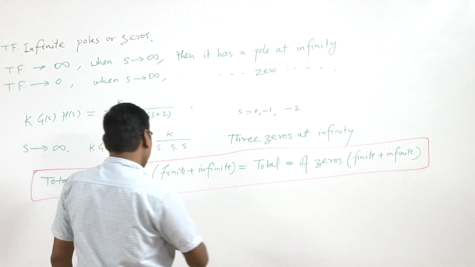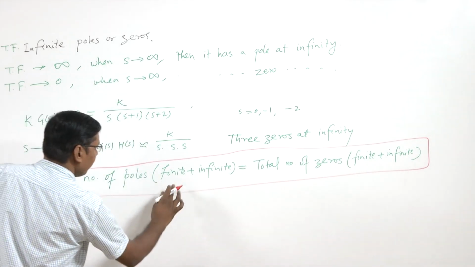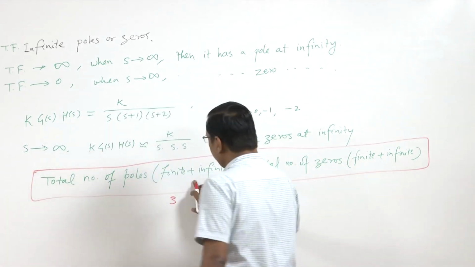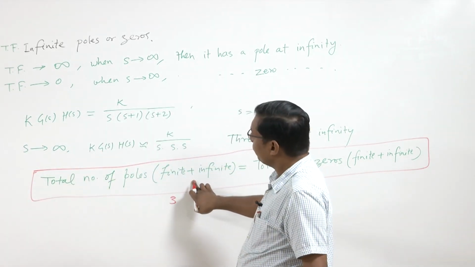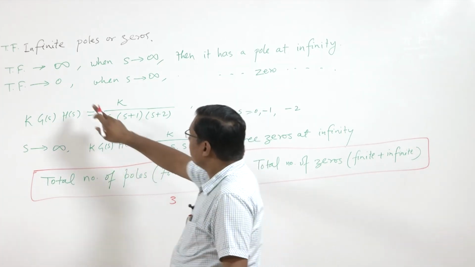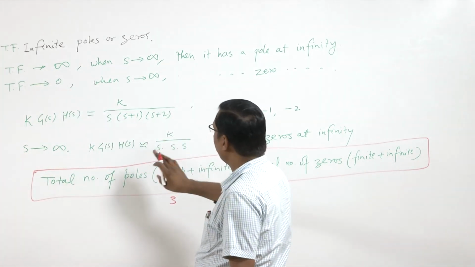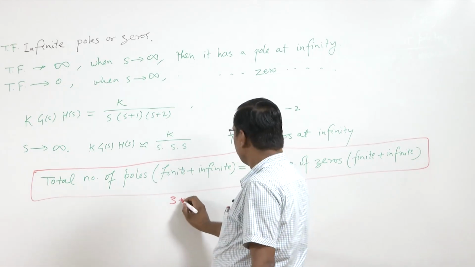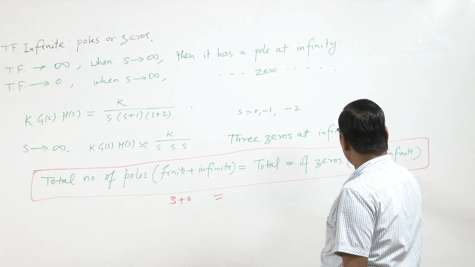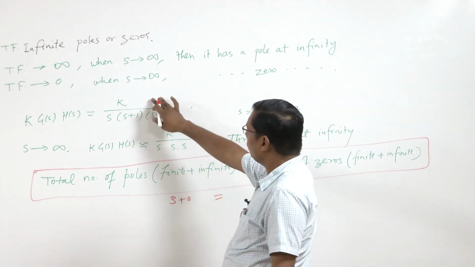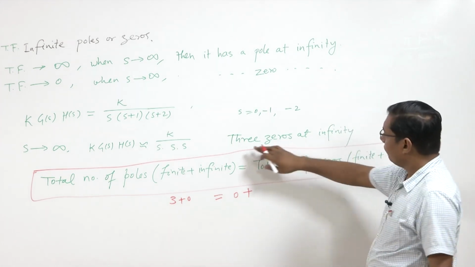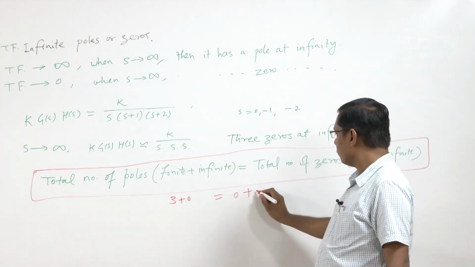So here number of finite poles is 3, and we did not find any infinite pole, because when s was tending to infinity, this transfer function is not tending to infinity. So 3 plus 0 equal to total number of zeros. Finite zeros, there is no finite zero, so that is 0 plus infinite, and we are getting 3 infinite zeros, so 3.